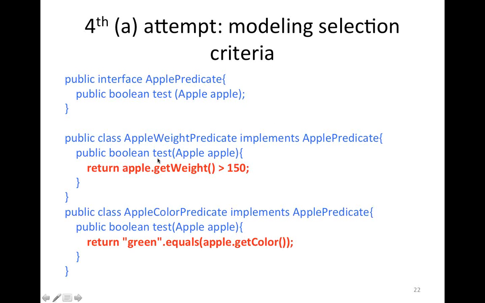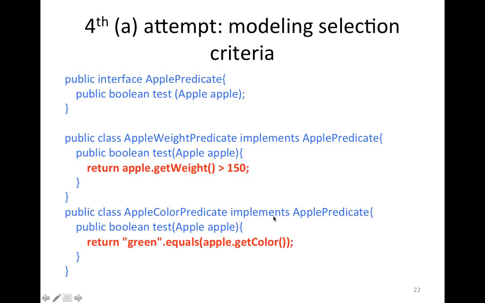Using this interface, we are now able to declare different classes that model different apple selection criteria. So for example, we could create the AppleWeightPredicate class. It implements the test method and says, well, I just want to make sure that the apples are heavier than 150 grams. If a new requirement comes in, all you have to do is implement this interface, and that's it.